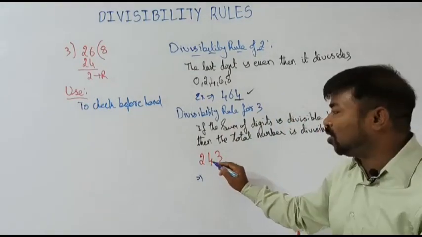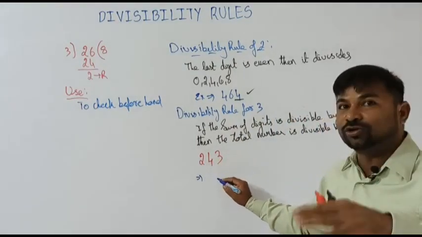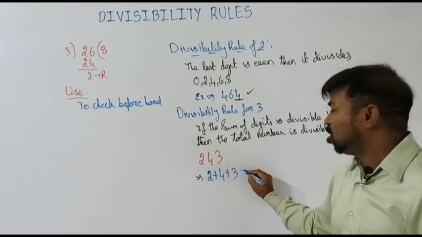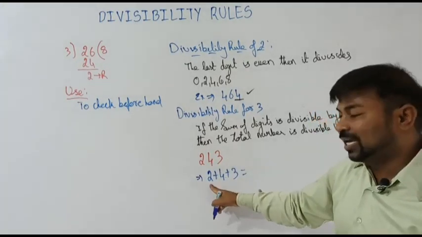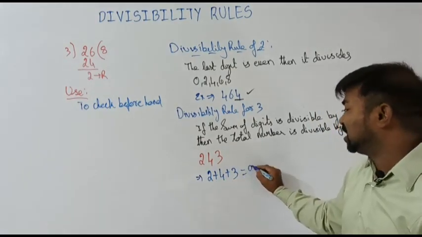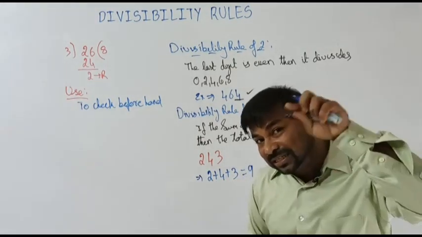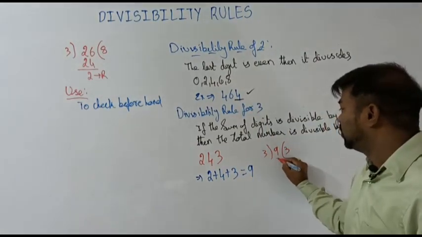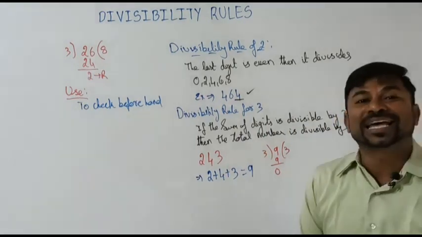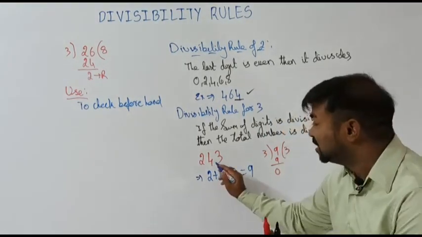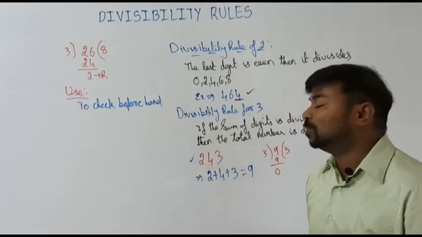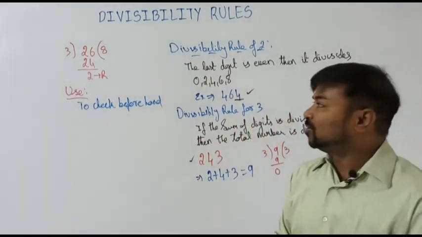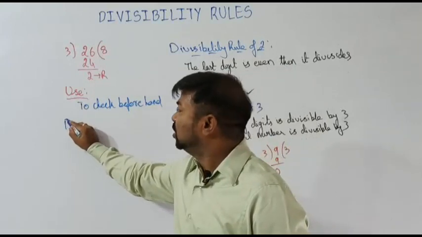Let us add up all 3 digits. 2 plus 4 plus 3, how much are we getting? 9. Is that 9 divisible by 3? Yes, it exactly divides, so we can say this number is divisible by 3. This is the divisibility rule for 3. Now let us come back to the next divisibility rule.